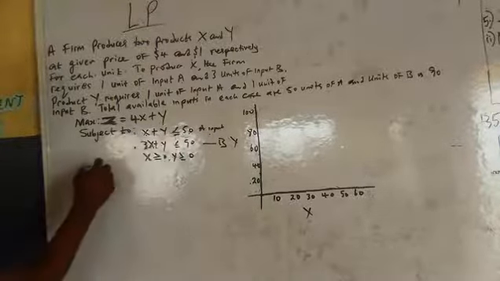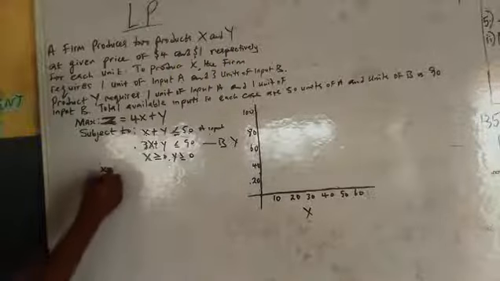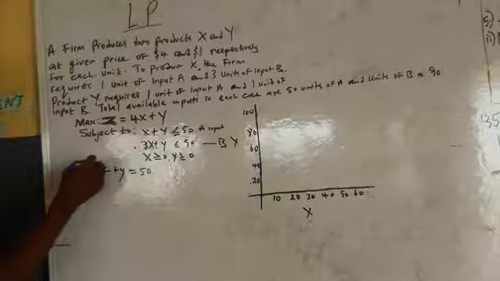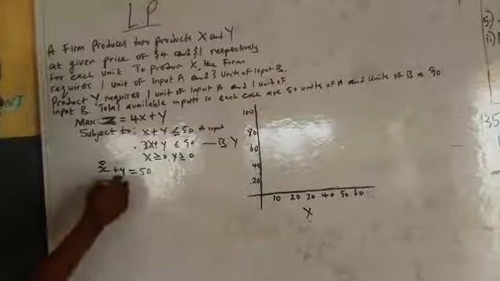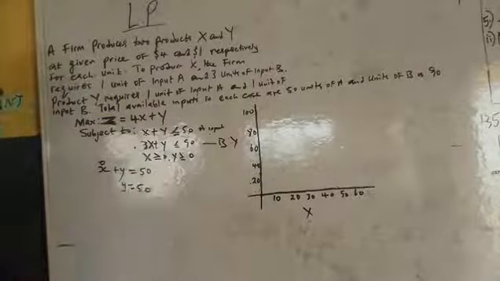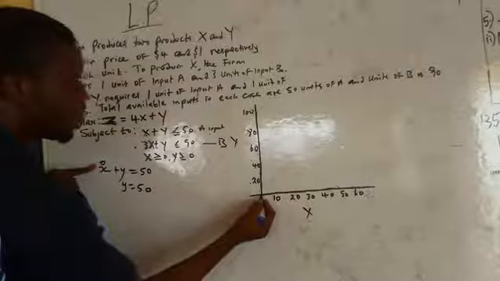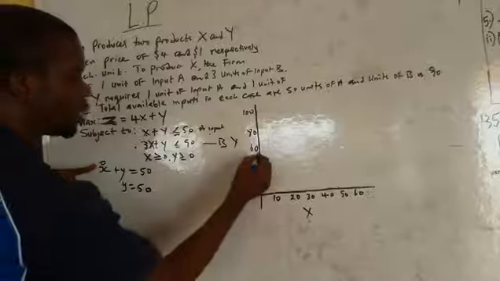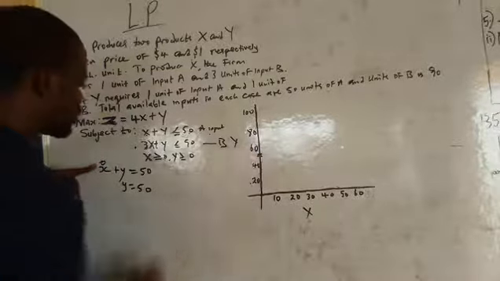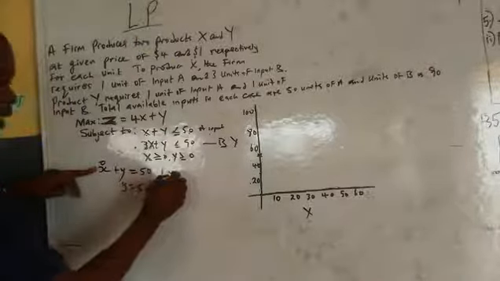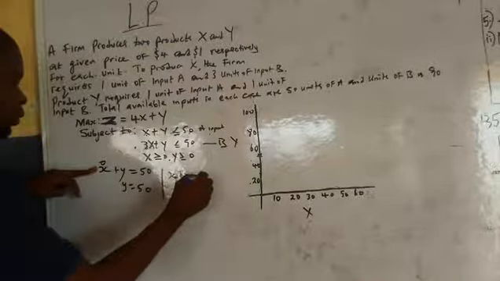We convert it to equality. I can just have X plus Y equals 50. So I'm assuming that this X is 0 first. If X is 0, my Y will be 50, somewhere here. Now, let me again write X plus Y equals 50.